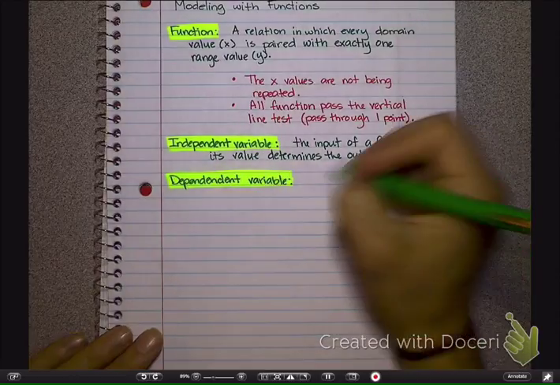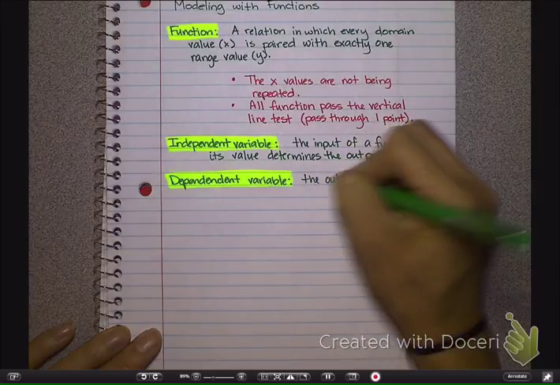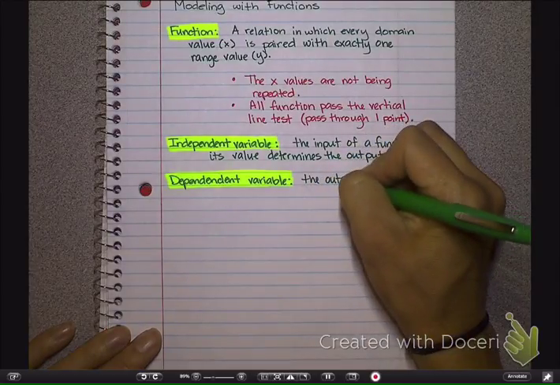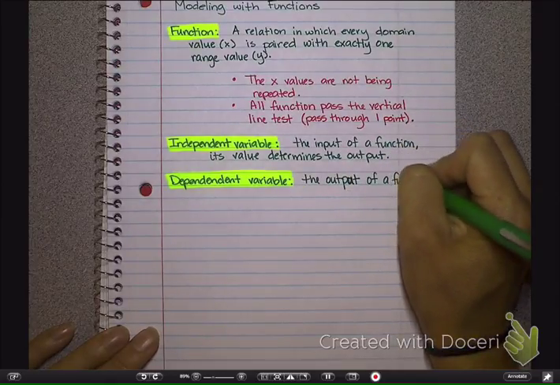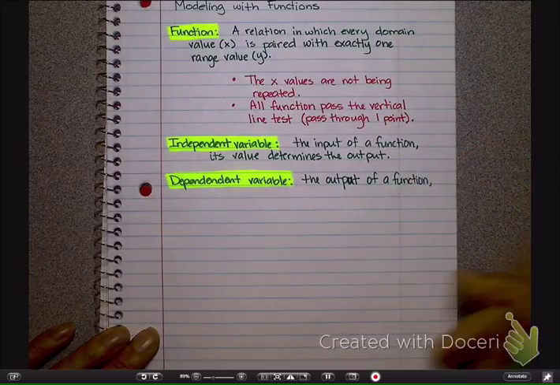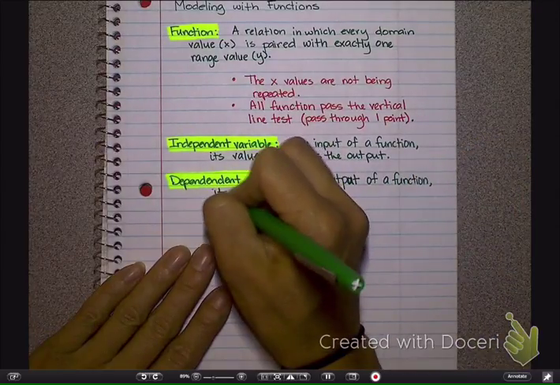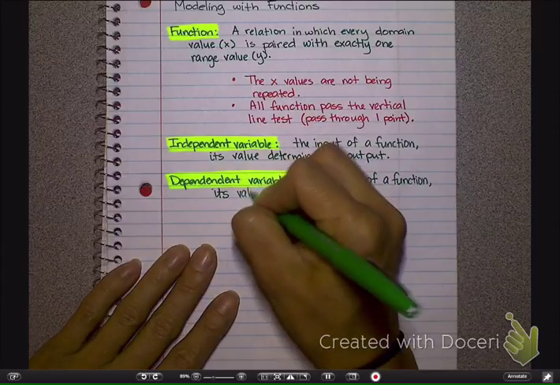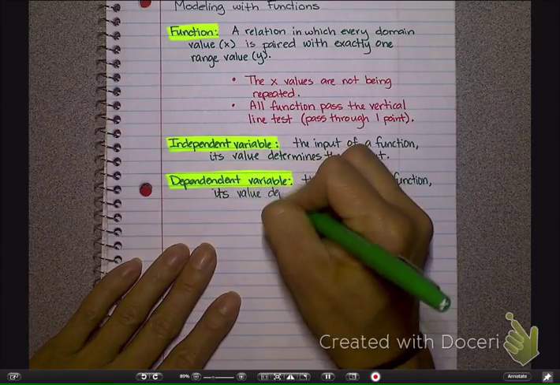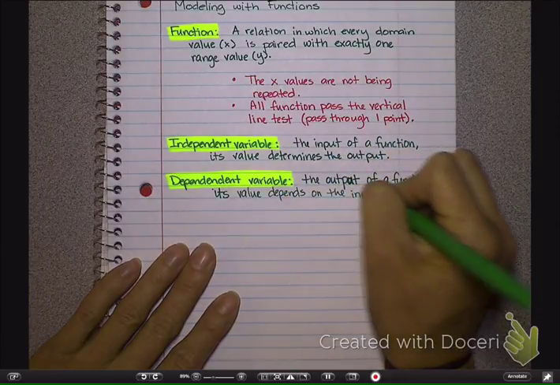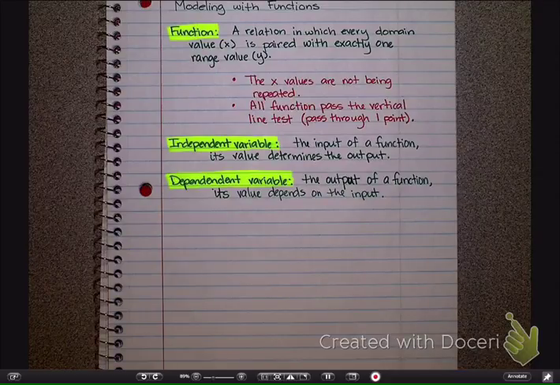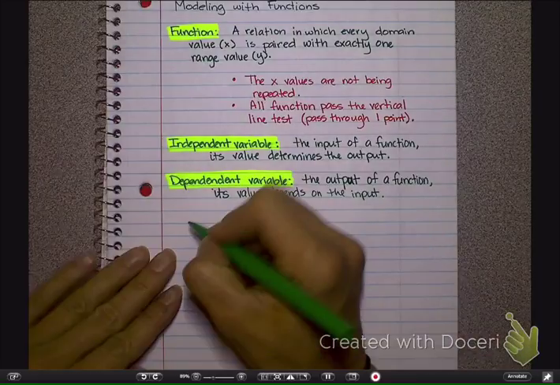The dependent variable is the output of a function, and its value depends on the input. Let me give you an example of this.